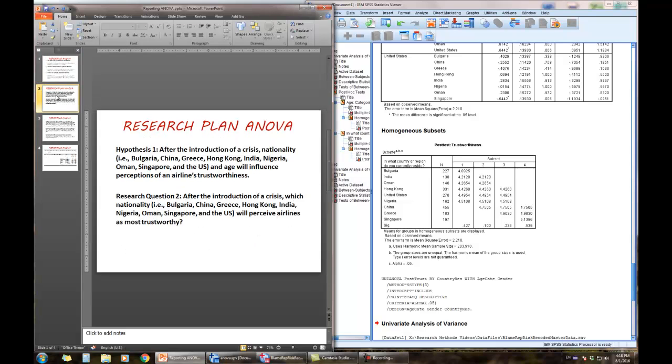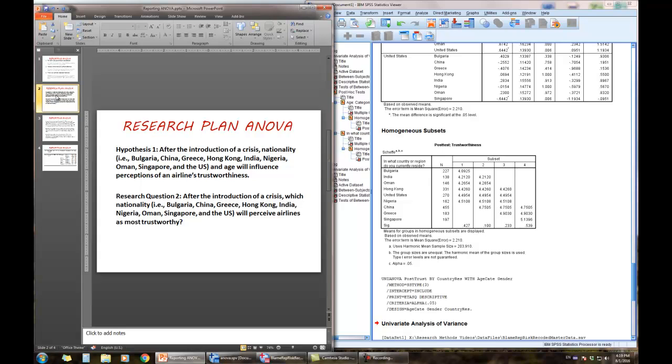So let's come back to our research plan for the ANOVA. This was our hypothesis, and this was our research question that we identified as using ANOVA or ANCOVA in order to test the effectiveness.